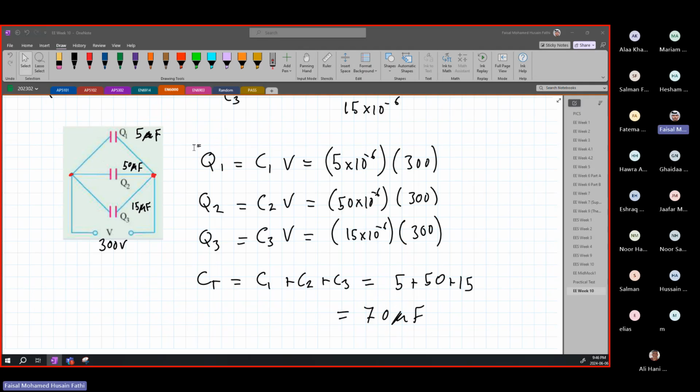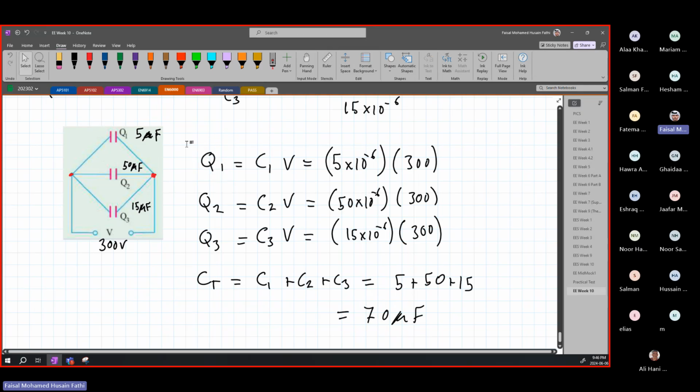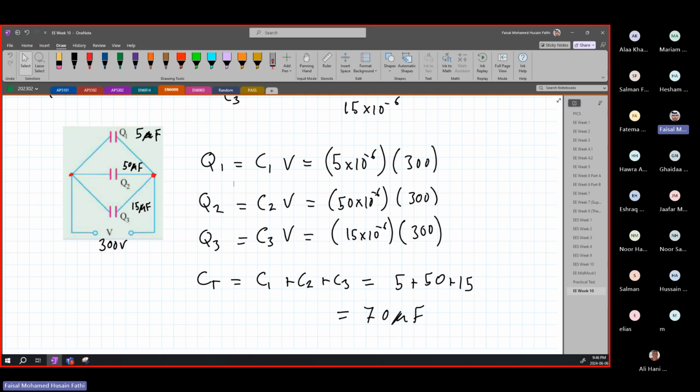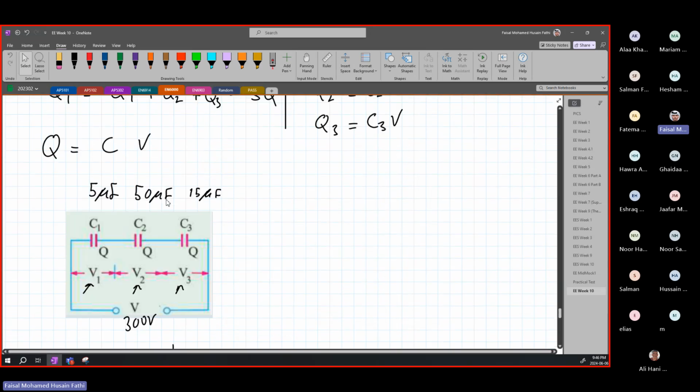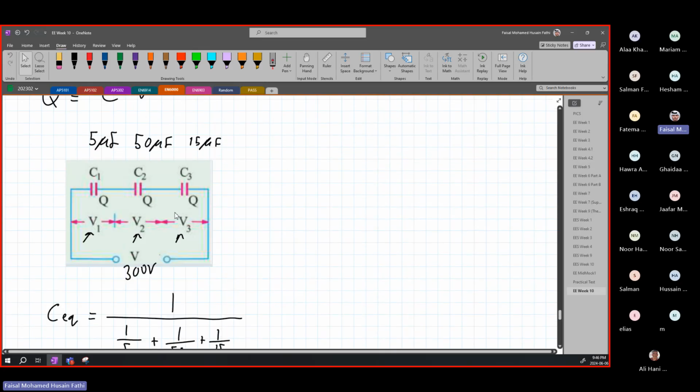Okay. Q is very similar to current and resistance. Yes, you will use it as if you are looking at current and resistance when you're dealing with resistors only. When you look at current and resistors, you say that current changes in parallel circuits, but it's the same in series circuits. That is completely correct.